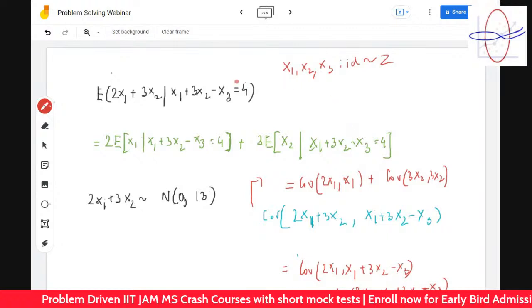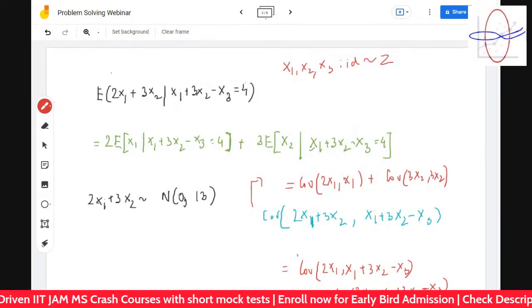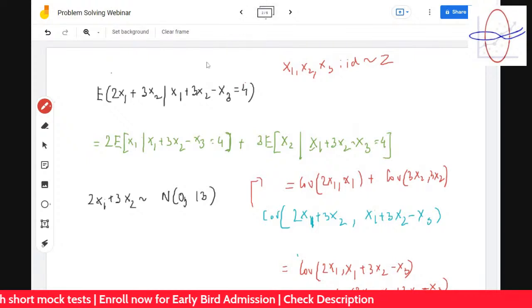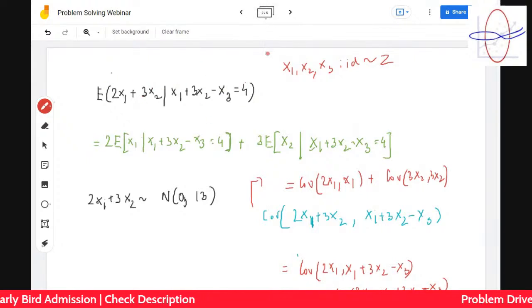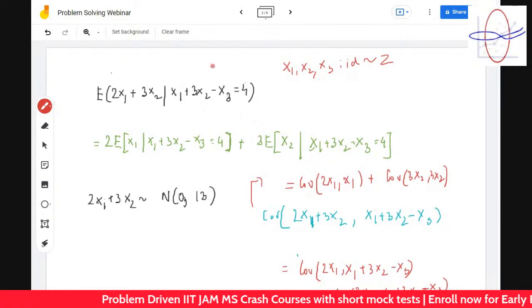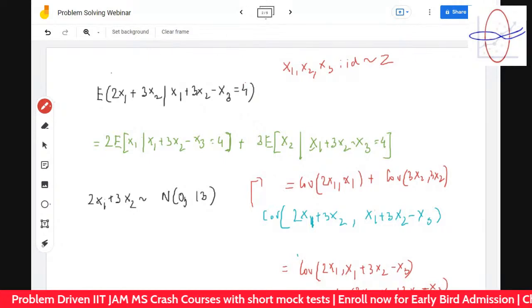So they are not independent. But that's a very good idea that we are checking easier conditions, whether these are independent or not. That should be the first step. You should think in that aspect. That's a great idea, so this is something you should always check, the easier cases.